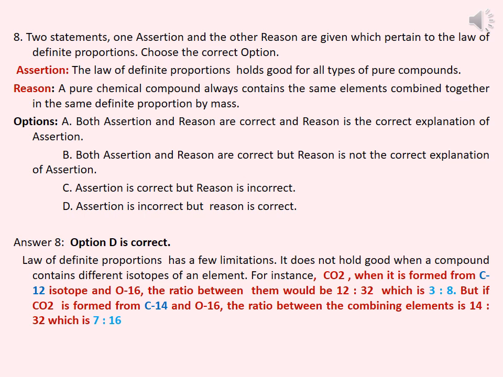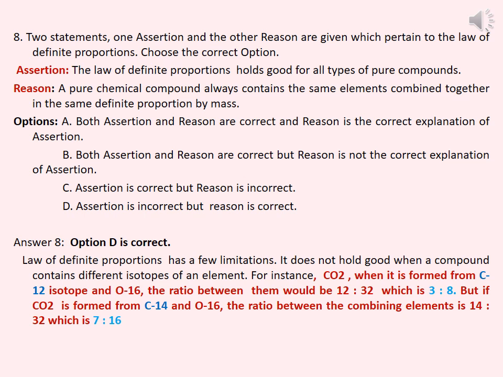But if carbon dioxide is formed from the C14 isotope of carbon, with atomic mass 14 in this isotope, and O16, oxygen is 16 as before, then the ratio between carbon and oxygen would be 14 is to 32 in carbon dioxide, which on simplification we get as 7 is to 16. The two ratios are different.